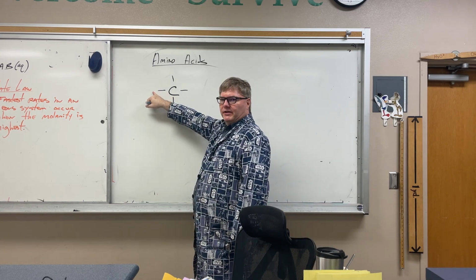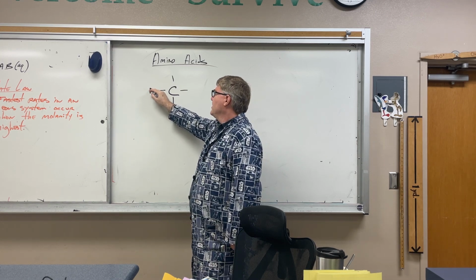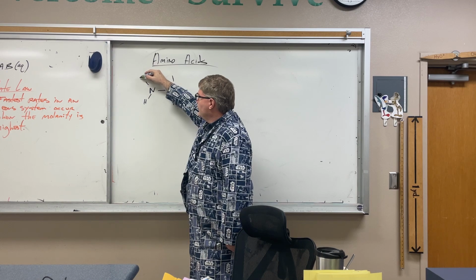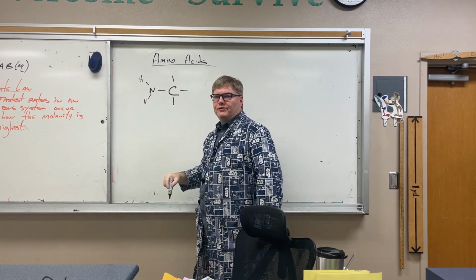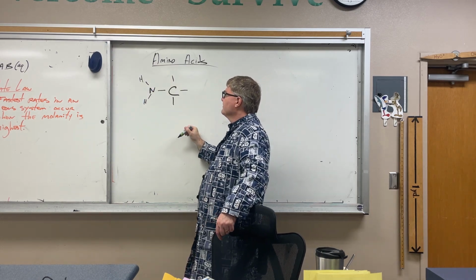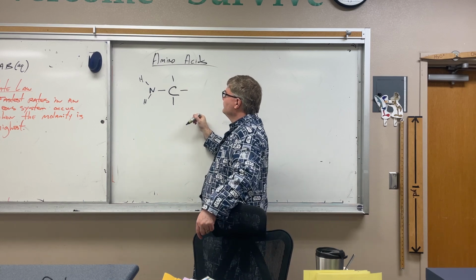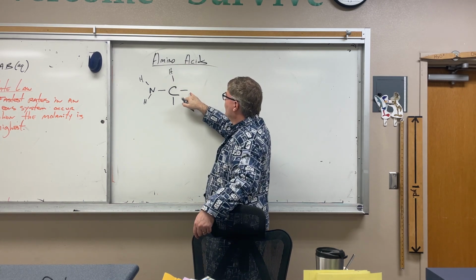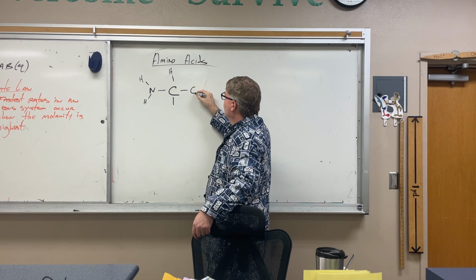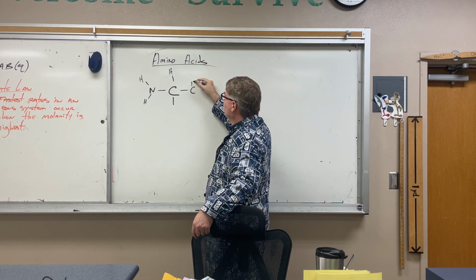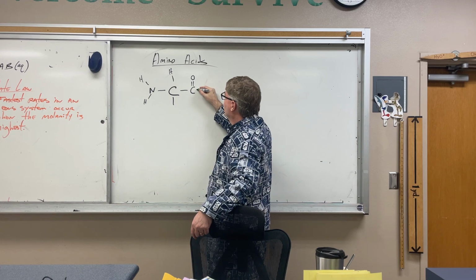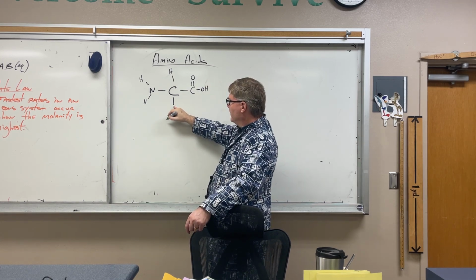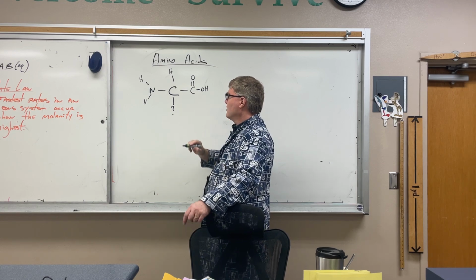Off to the left is a nitrogen with 2 hydrogens off of it, and it's perfectly fine to draw those diagonal. On top here is a hydrogen. On the right is this group. It's a carbon double bonded to an oxygen, bonded to an OH. And then down here is a question mark.